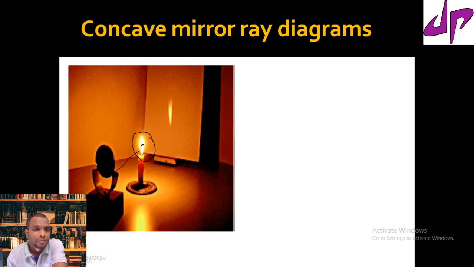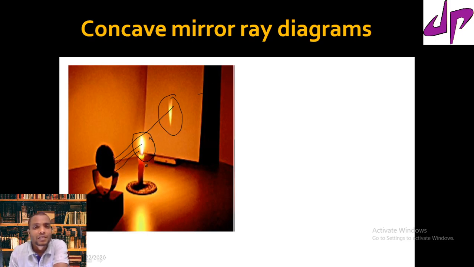Now the light rays fall on the mirror, and the mirror reflects the light rays, and the image is formed somewhere here. So this is the screen. Now if you observe the image in this situation, this image is also inverted, and it appears to be the same size.